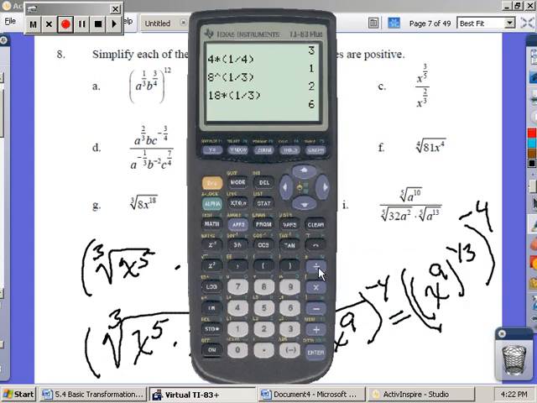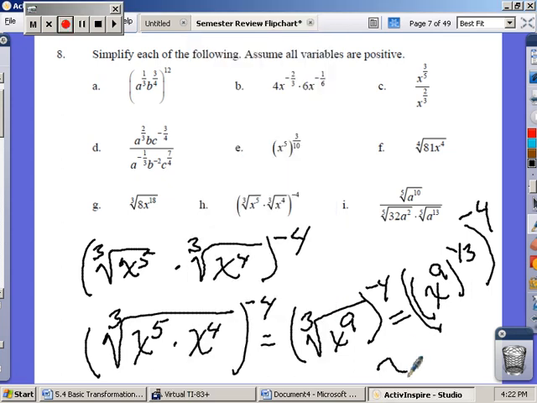I have 9 times parentheses 1 divided by 3 parentheses times negative 4. My answer is negative 12. Can I leave negative 12? No, I have a negative exponent, so I put 1 over x to the 12th.